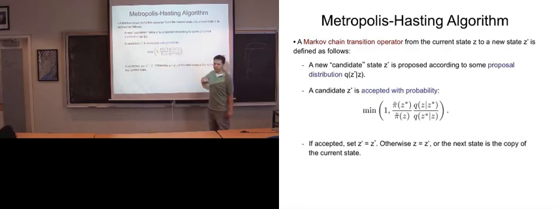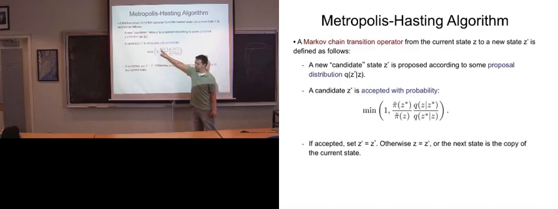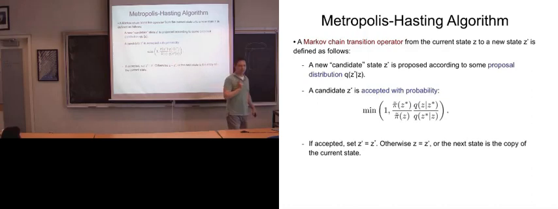accepted with this probability. Okay, so what is this probability? To look at the first ratio, this is the ratio of the new proposed sample divided by the old one. And Q here is the probability of moving from the new to the old, and this is the probability of moving from old to new state. Okay?